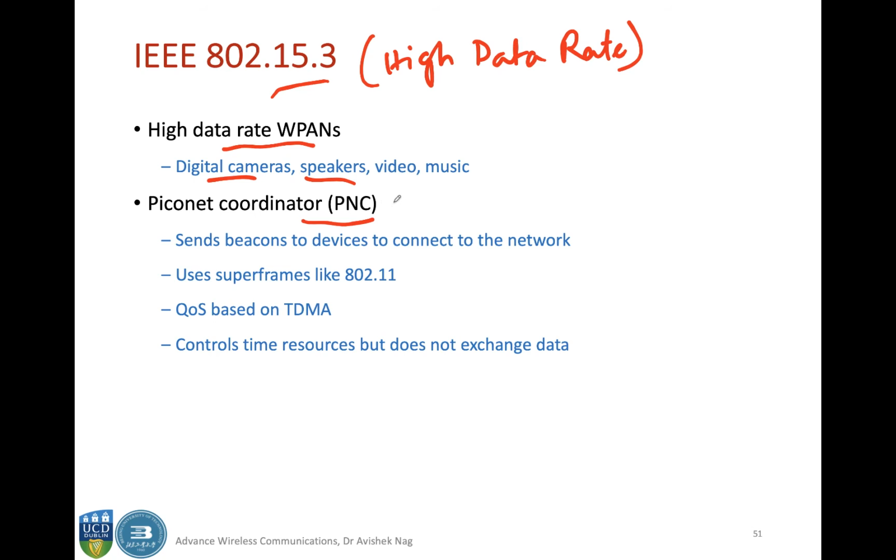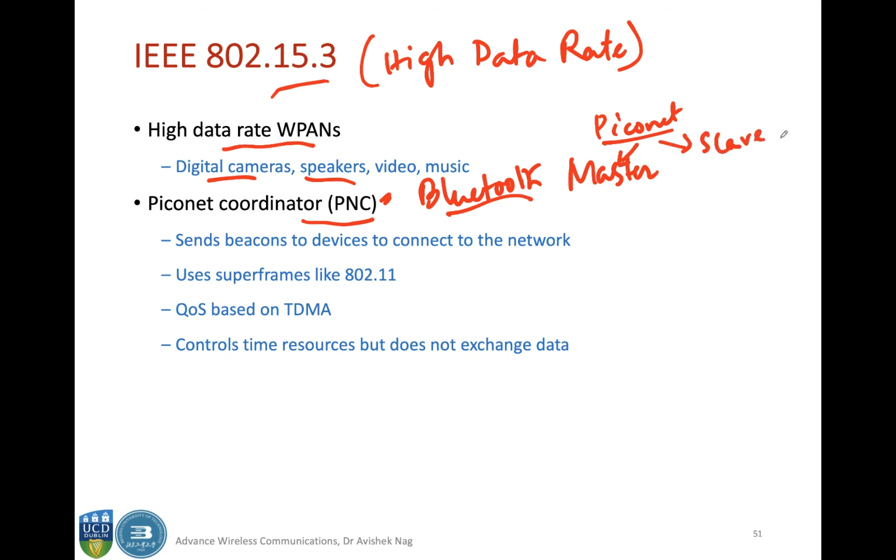Okay, so this is kind of similar to the Bluetooth master as a part of the piconet. So Bluetooth also had a piconet, and then within that piconet there was this master and then a slave.